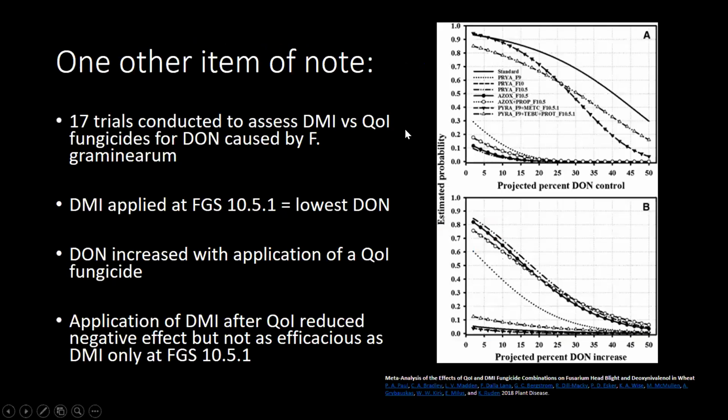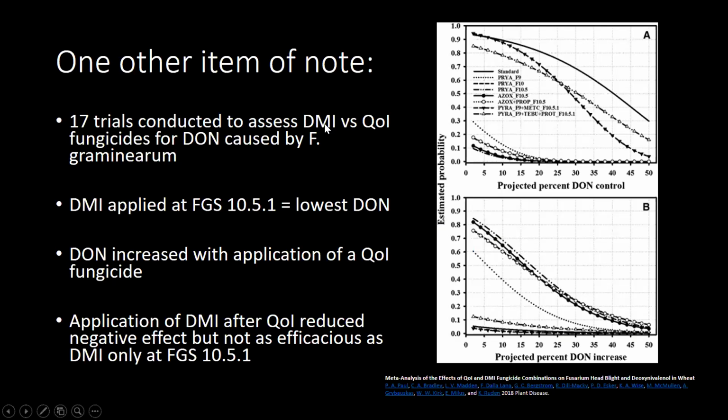One other item to note, sometimes people will want to go out and make a treatment for a foliar disease. Maybe you get stripe rust coming in early. Maybe you've got some really bad Stagonospora starting up, or it's just been pounding rain early. Going out and applying a strobilurin fungicide is something that's been demonstrated now, and this is a publication that came out at the end of 2018 in Plant Disease.